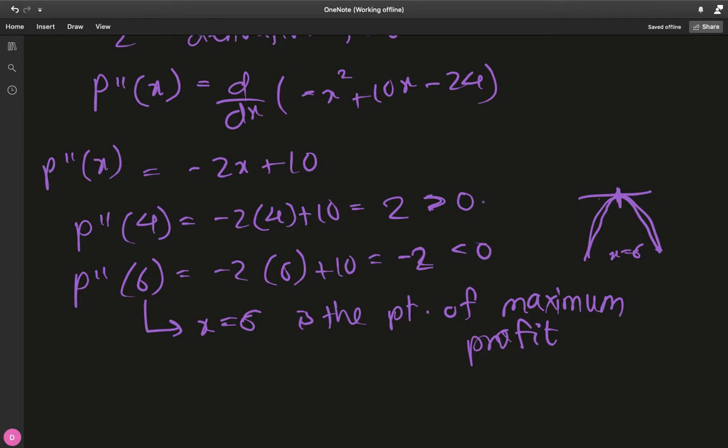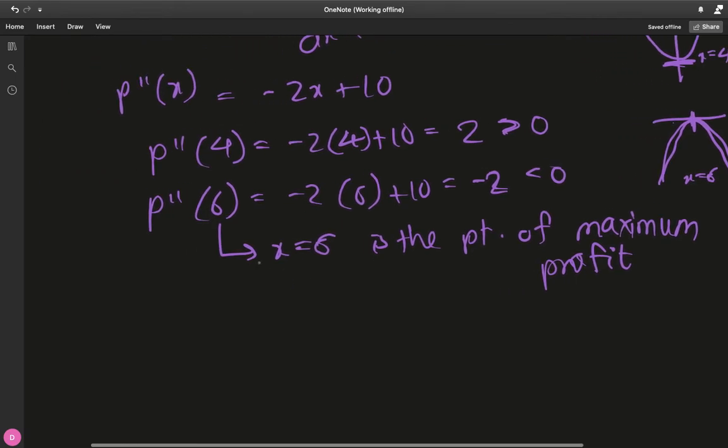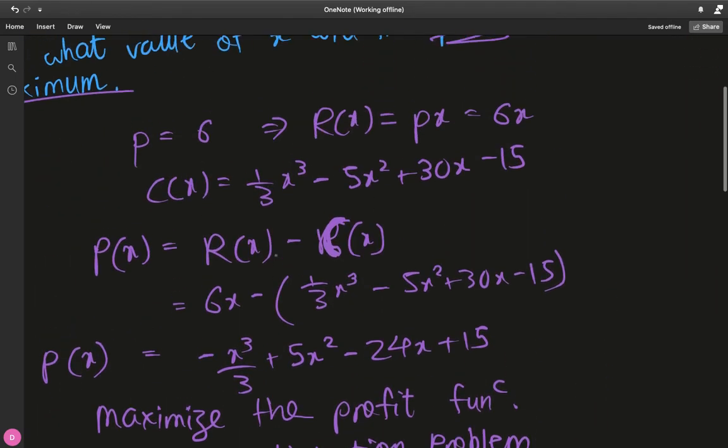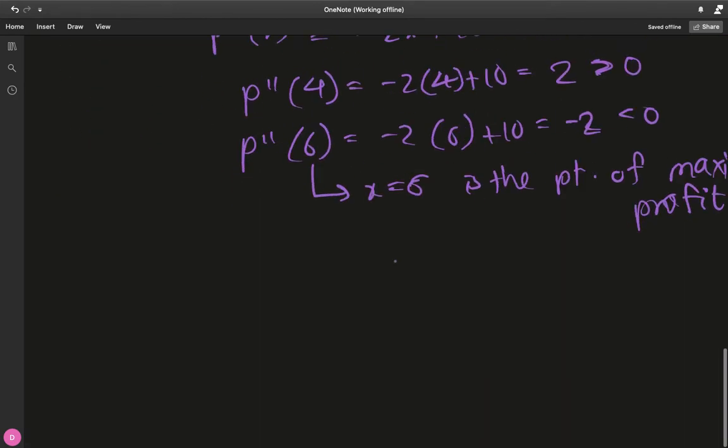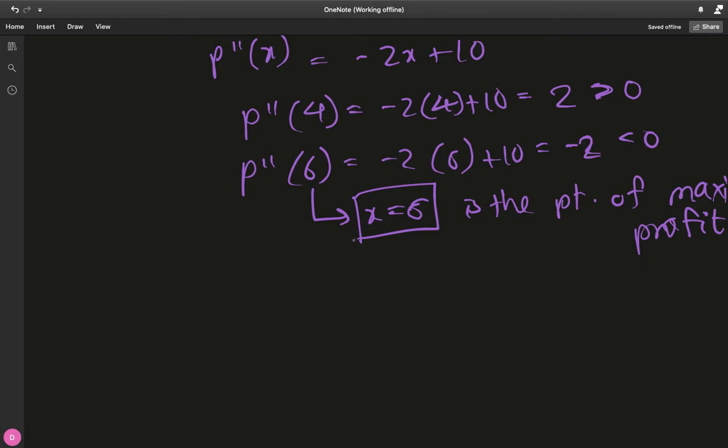But if you look at x equals 4, the derivative definitely is 0 because this tangent line is flat, but the graph is concave up, so this is like a valley. So it's like a minima. So x equals 6 it is, and they had told us to find what value of x, right? So x equals 6, profit will be maximum. There, we've solved it.